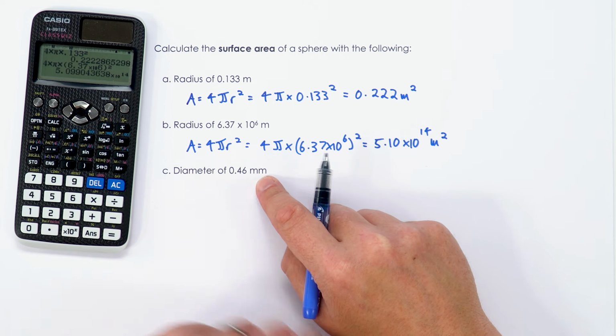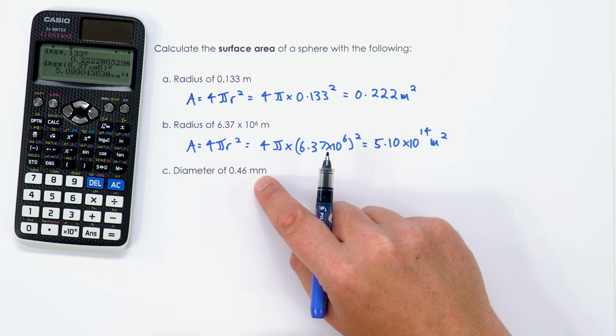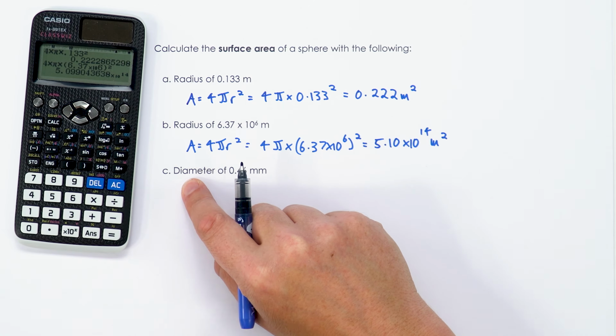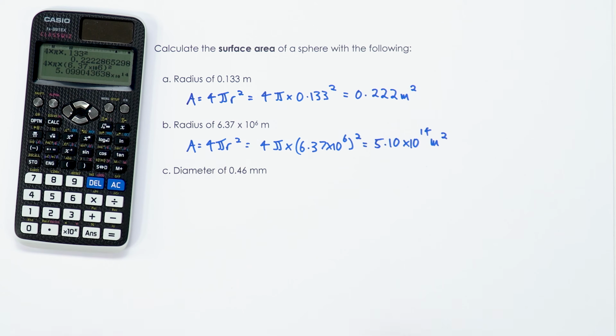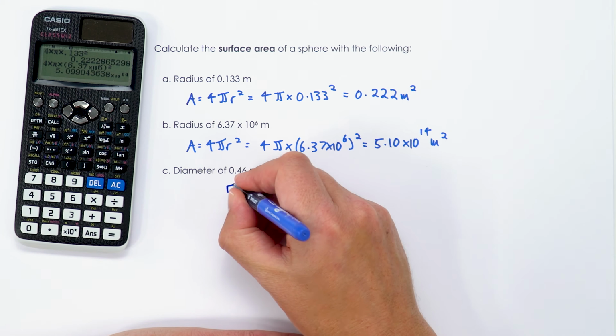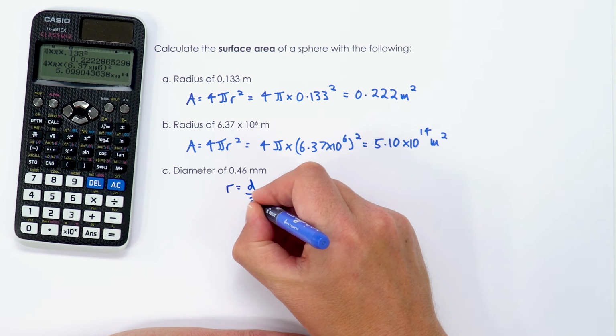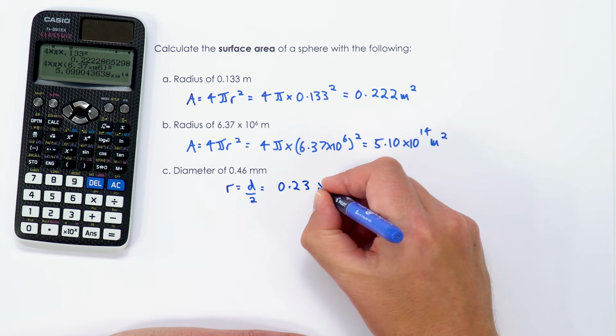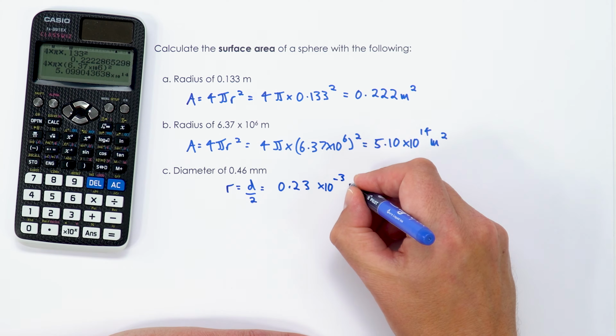For the next one, the diameter is 0.46 of a millimeter, so we need to make sure we convert to meters, but we also need to think about looking at the radius rather than the diameter. So this is a kind of sneaky thing that you often find in physics questions. So we could, for example, just say that the radius is equal to the diameter divided by 2, which is 0.23 times 10 to the minus 3 meters.